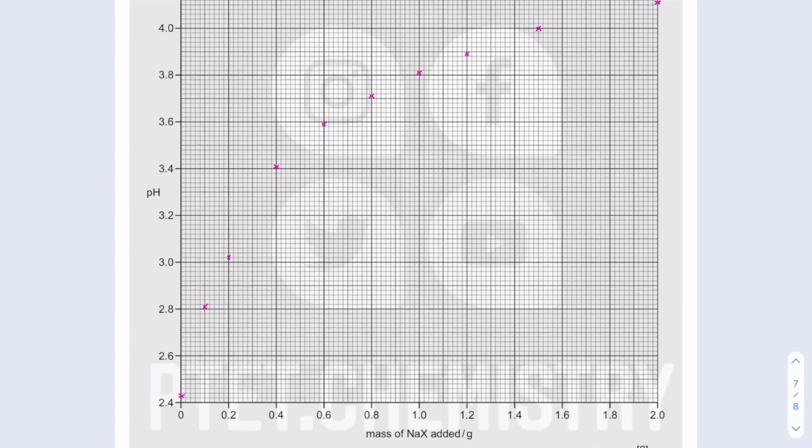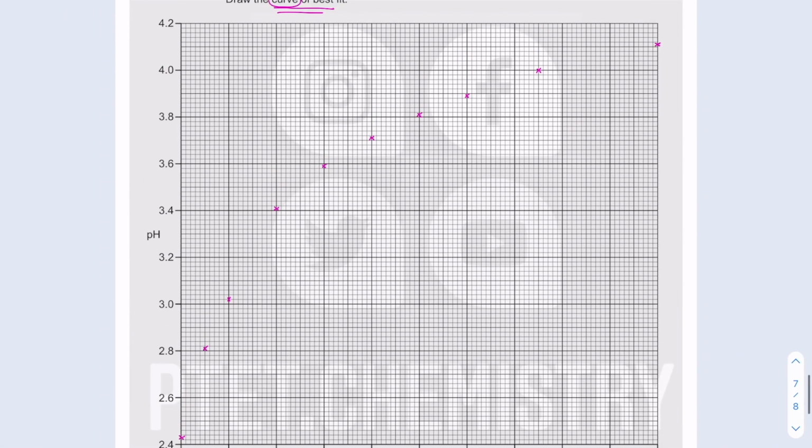Okay, so I need to sketch a curve. This is the difficult thing about doing it on the graph. Can I do better than that? Maybe. I could go like this. Yeah, I think I can do better than that.